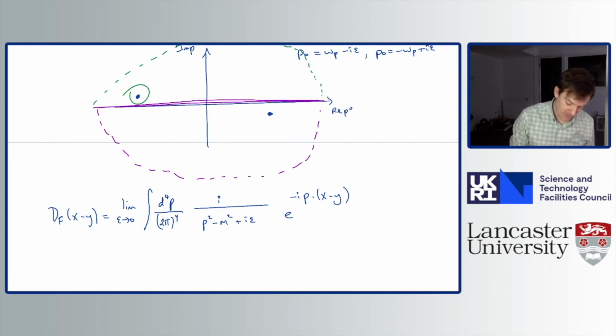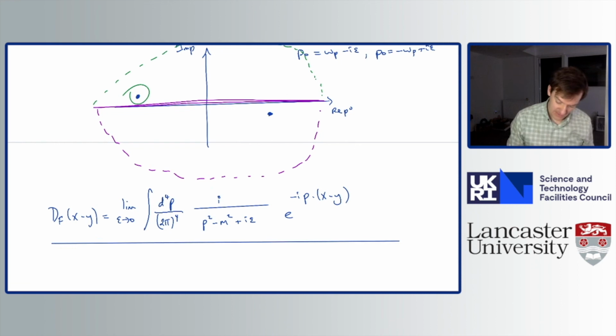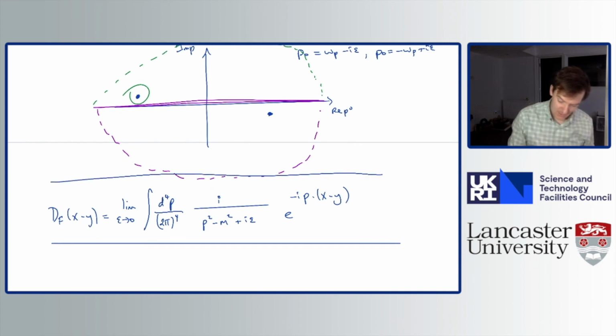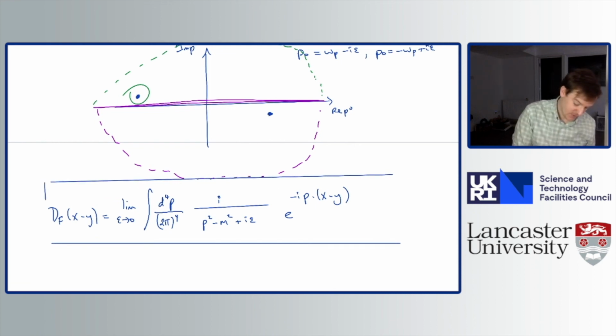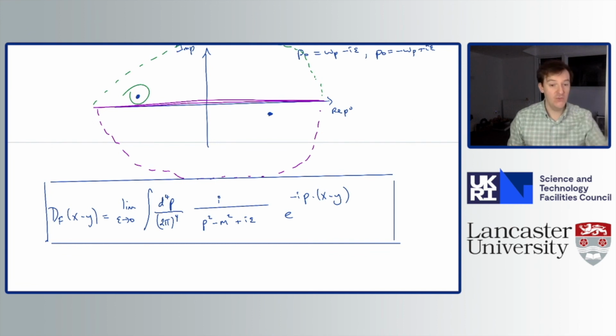This is the form that you will see stated most often, which has this i epsilon factor to remind people which of the roots should be included in our contours.